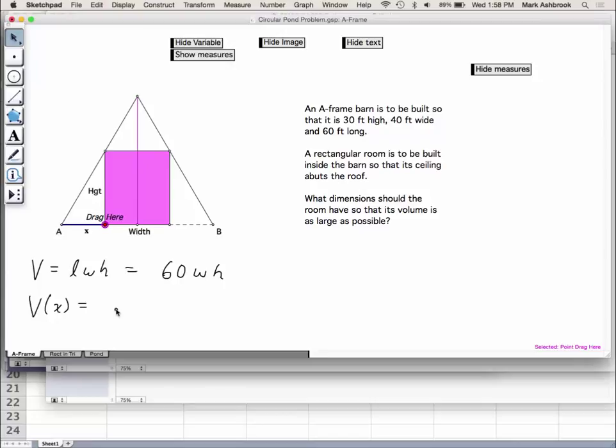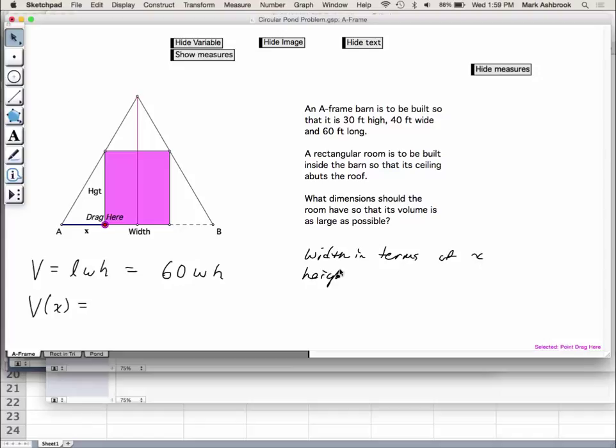So then what is it going to mean for what I've got here, 60 WH? I have to find width and height in terms of x, right? I'm going to have to figure out what the width is in terms of x, and the height in terms of x, and then I'll have it. Okay, see if you can do it. We want to get width in terms of x, and the height.